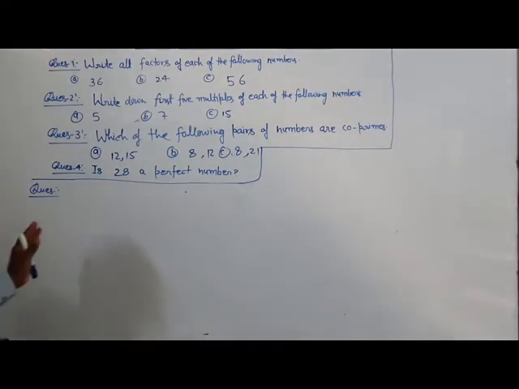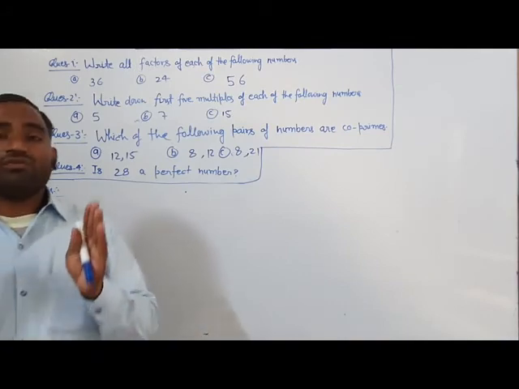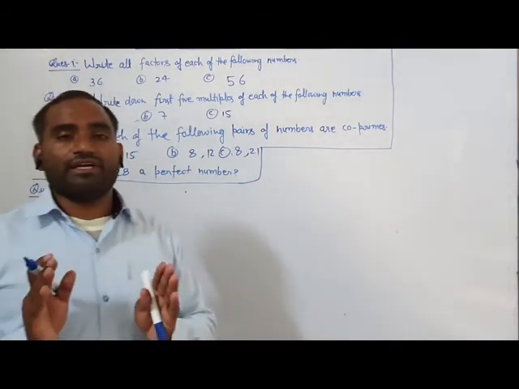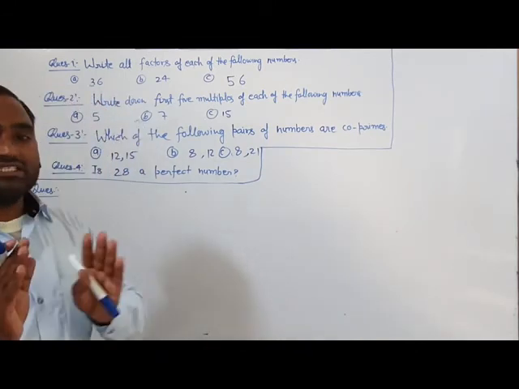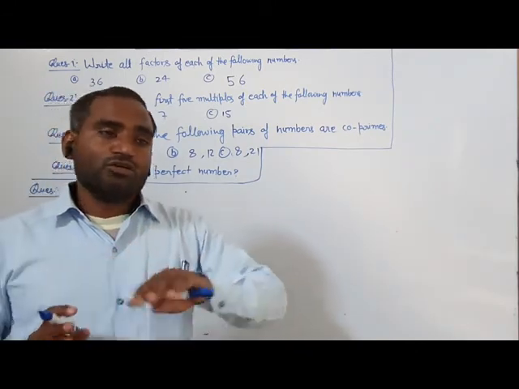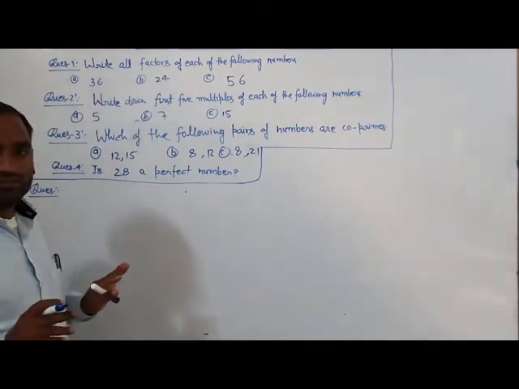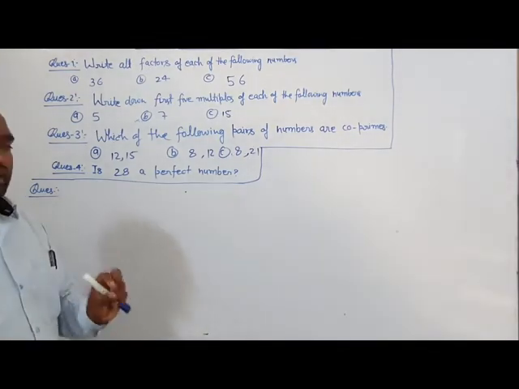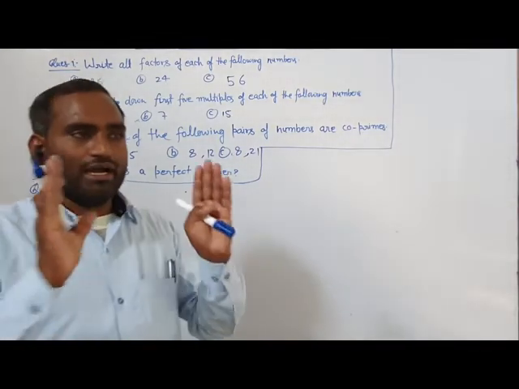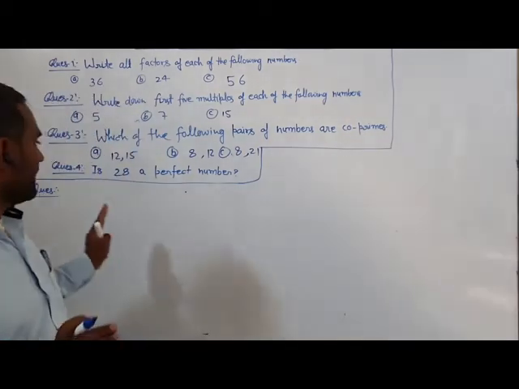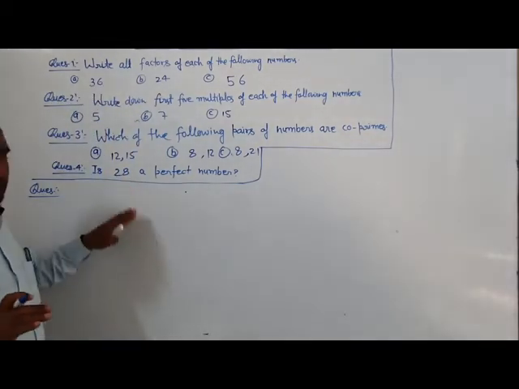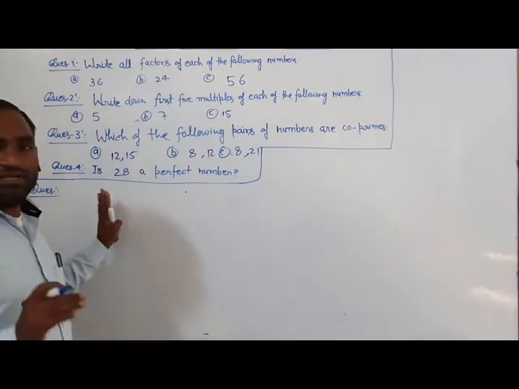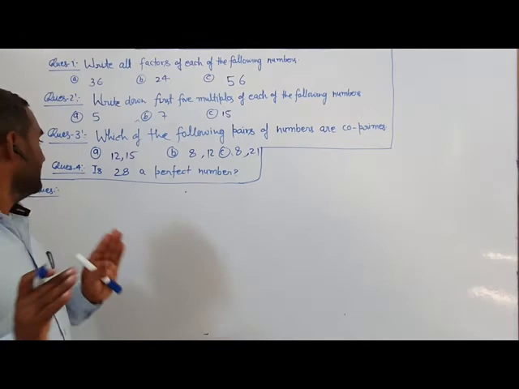We know that if the sum of all the factors of a given number is 2 times of the given number, then the number is called perfect number. यदि कोई नंबर है उस नंबर के सारे फैक्टर को ऐड कर दिया जाए, यदि सारे फैक्टर का एडिशन उस नंबर के डबल टाइम्स 2 गुना हो, तो उस कंडीशन में नंबर परफेक्ट कहा जाता है.